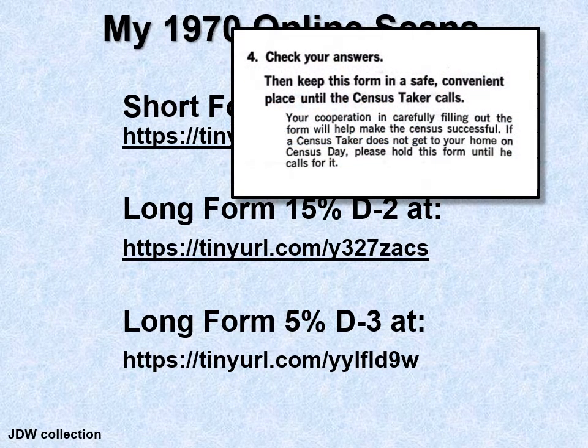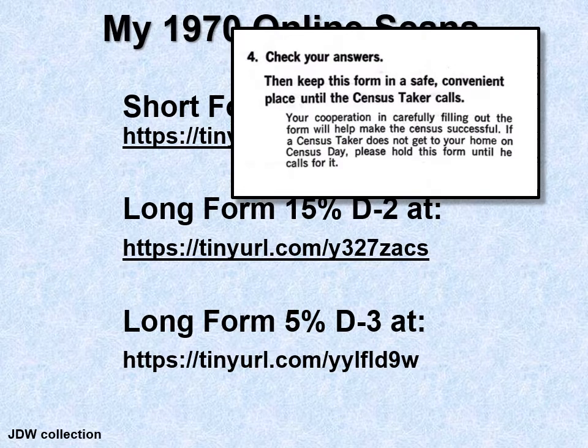And so here, in D11 on the front page, it tells you that after you have filled out the form, keep this form in a safe, convenient place until the census taker calls. So the D11, D12, D13 we use for that conventional census.